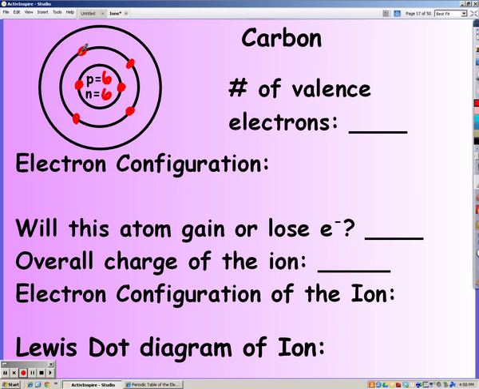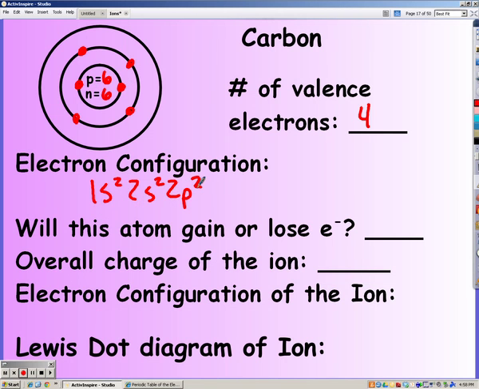You can look on the Bohr model and figure out that we should have gotten 4 valence electrons. And your electron configuration, 1s2, 2s2, 2p2. 2 in the first ring and then 4 in the second ring.